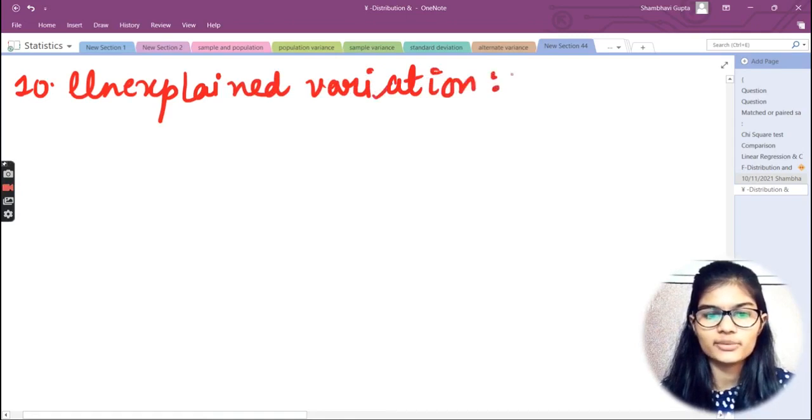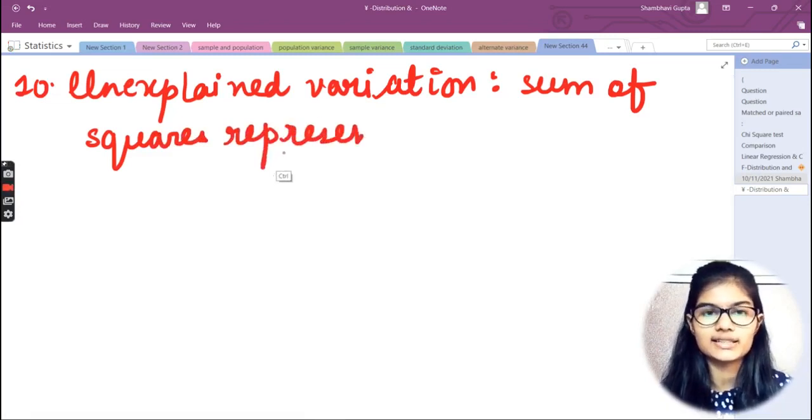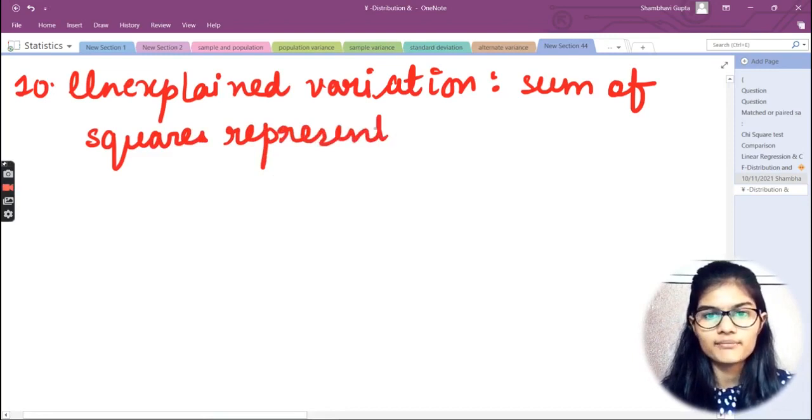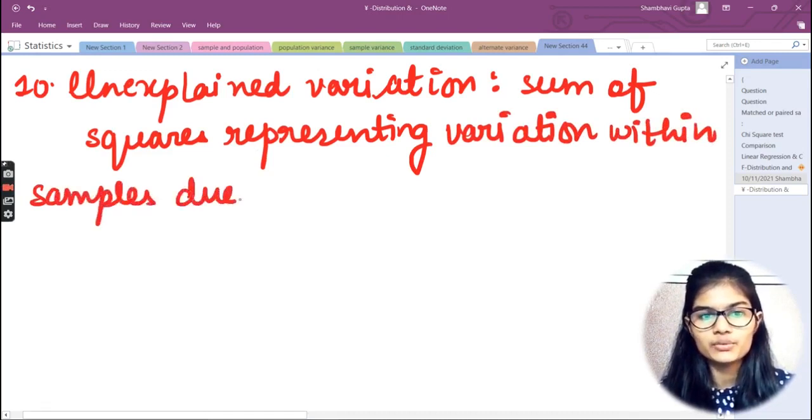Now, what is that actually, the unexplained variation? It is a sum of squares representing variation within the samples due to chance.